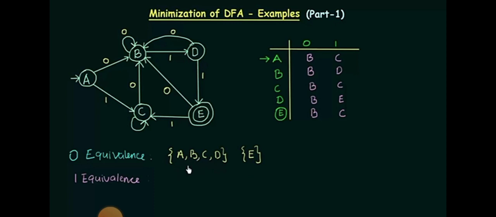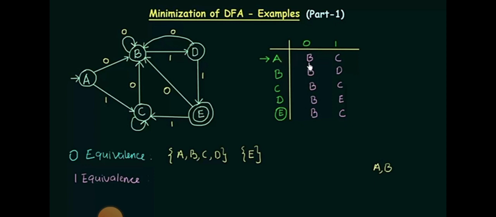So I am going to check if A and B are one equivalent to each other. Where do A and B go on getting input 0 and 1?